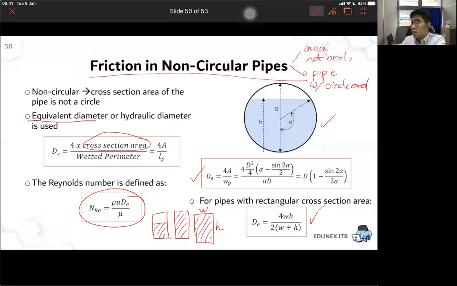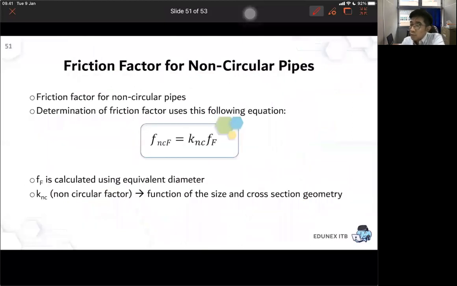Okay, now if you are dealing with non-circular pipes, the calculation of friction actually needs to be done in a step manner. First, you need to calculate this one. This one is calculated by normal calculation.